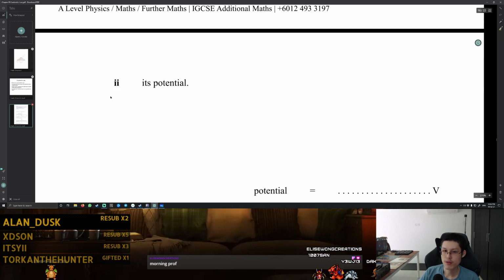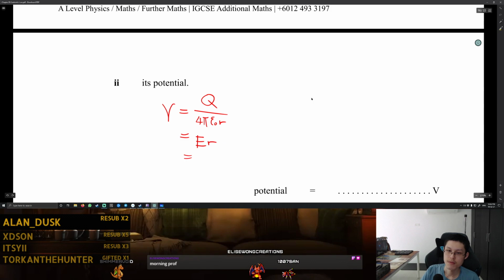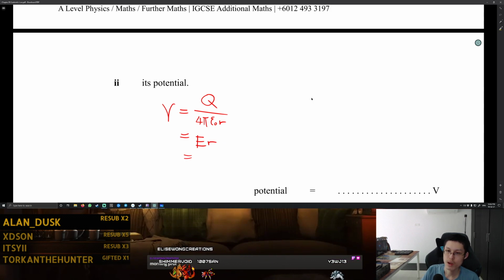Next up, you're asked to find the potential. So potential is going to be Q over 4 pi epsilon r. Or you could say it's E times R. So E is going to be what we got earlier.